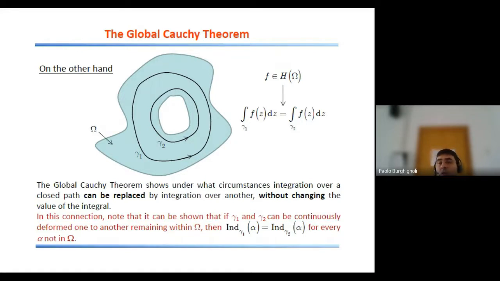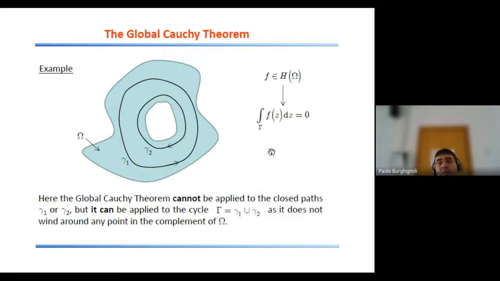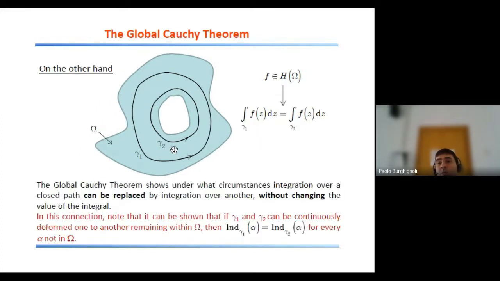The way to obtain this is to have a cycle that does not wind around points outside omega, as in the previous slide. Okay, in the previous slide, the cycle would not wind around any point outside. So if you now reverse the direction of gamma 2, you obtain the possibility of deforming or changing the integration path from gamma 1 to gamma 2 without changing the value of the integral.